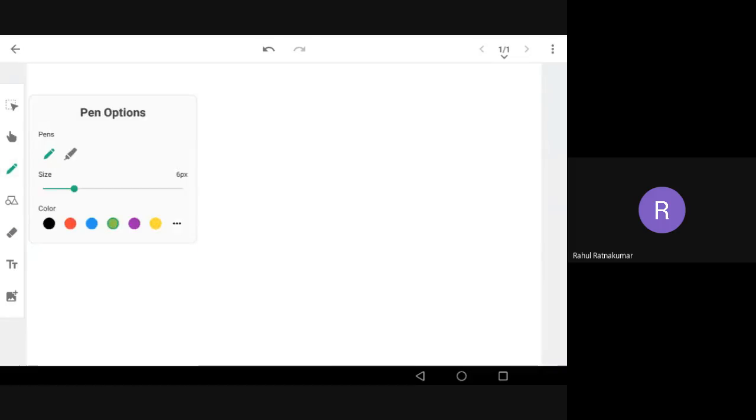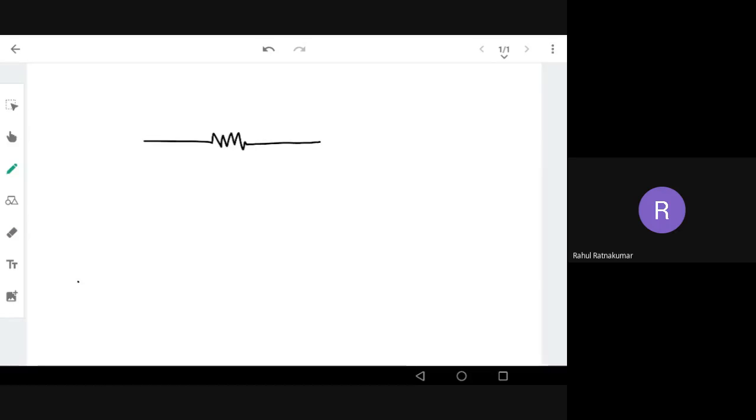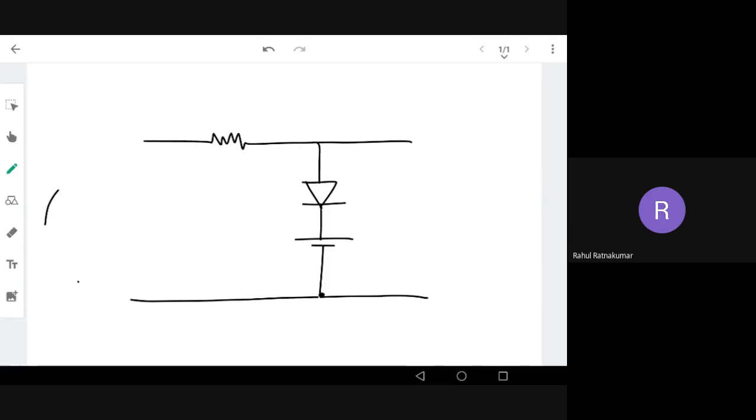That is the same resistance and the same diode I have kept, but now I have given some voltage biasing. The input is the same, a sine wave, V in.